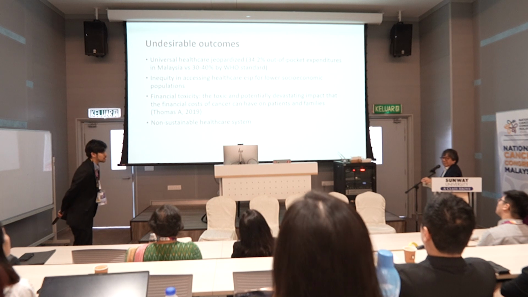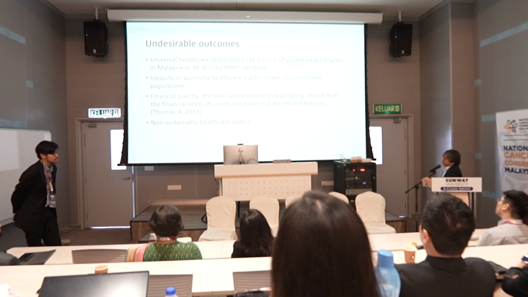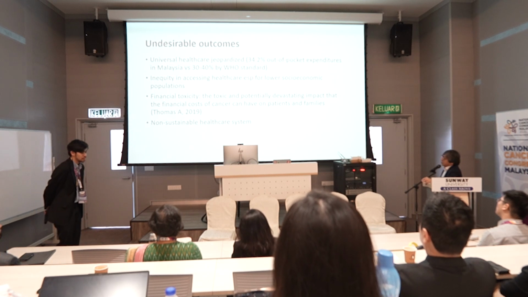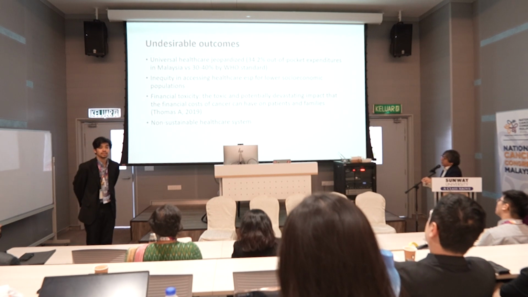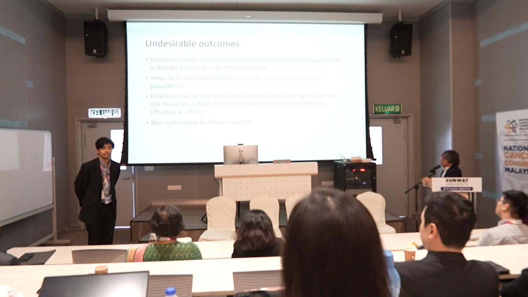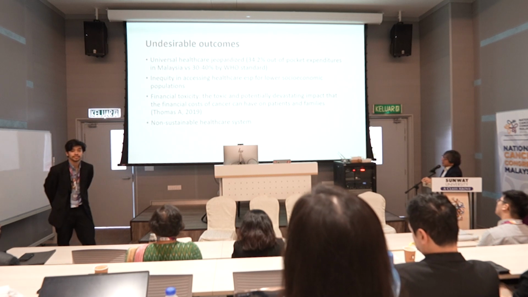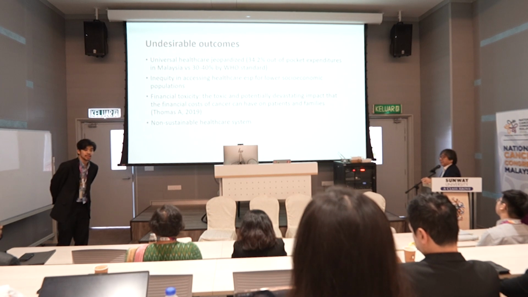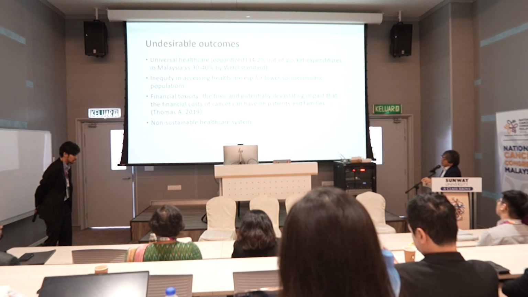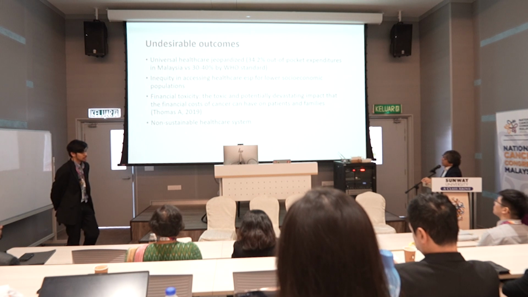So all this healthcare expenditure, all this change in demography actually lead to a lot of undesirable outcomes. So this includes universal healthcare being jeopardized. Universal healthcare is something that Malaysia has been proud of over the years.